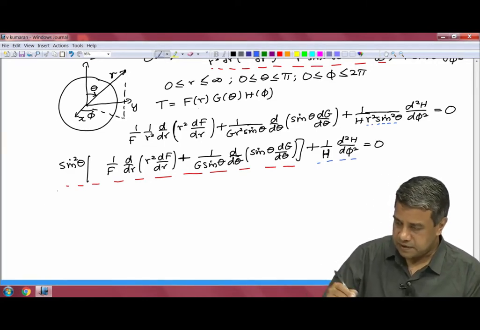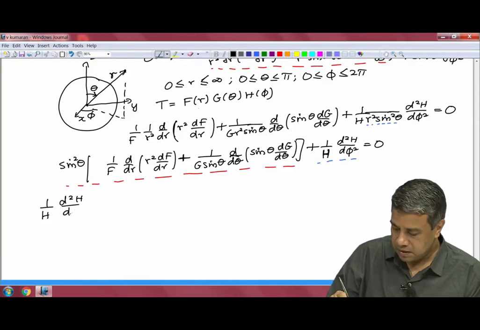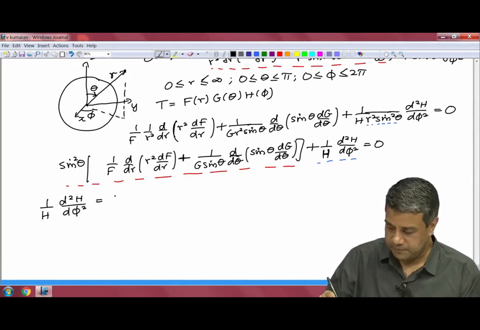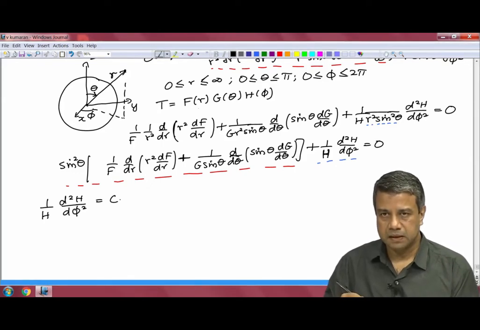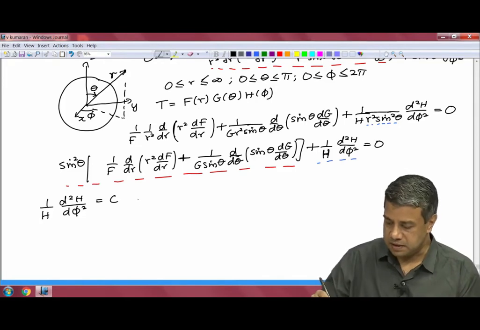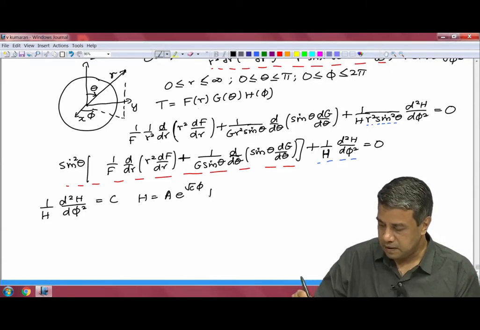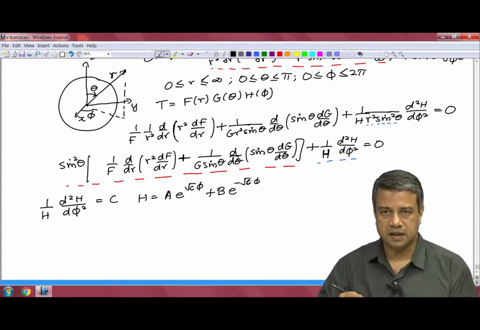So, first things first, this implies that 1 over h d square h by d phi square is equal to some constant. And if that constant is positive, h is equal to a e power root c phi plus b e power minus root c phi, exponentially increasing and decreasing.